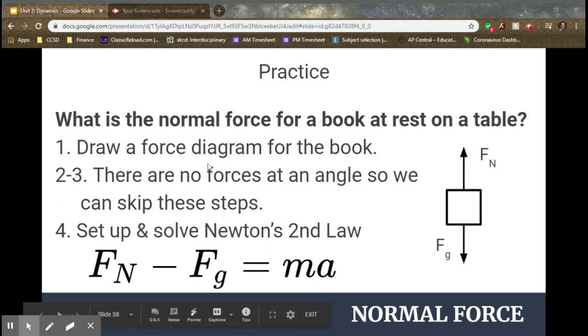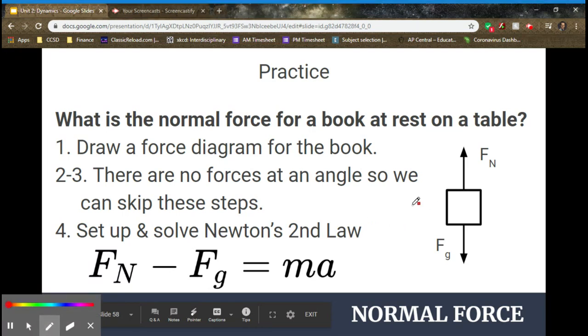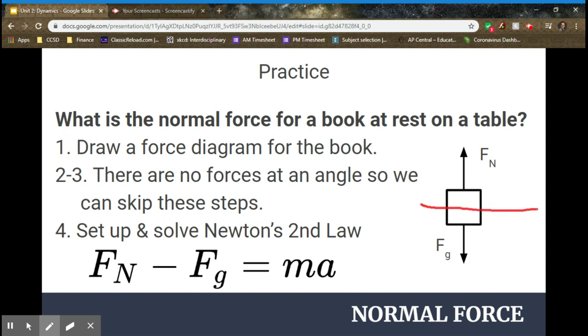Okay, so let's take a look. So, draw a force diagram. Well, for a book at rest on the table, that's really easy. Force of gravity is always in the down direction, the negative y direction. Now keep in mind our surface. I'm really bad at drawing this. I'm not used to being able to draw stuff like this, so I just have to make my best. Pretend that's a table and pretend it's perfectly flat.